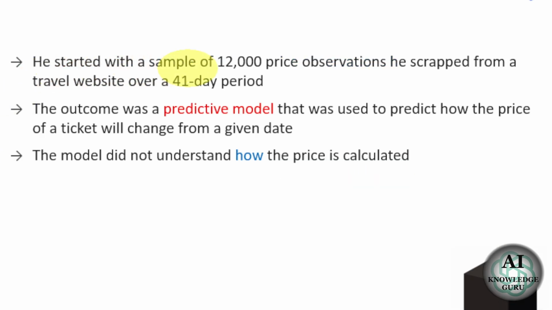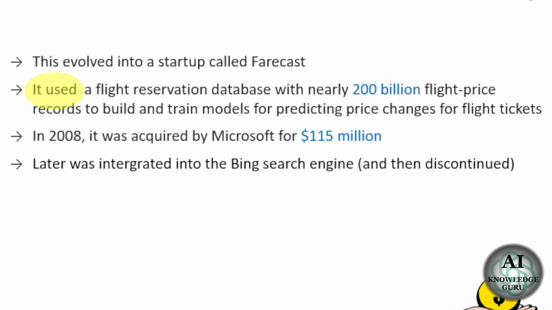He started with a sample of 12,000 price observations he scraped from a travel website over a 41-day period. The outcome was a predictive model that was used to predict how the price of the ticket will change from a given date. The model did not understand how the price is calculated. This evolved into a startup called Farecast.